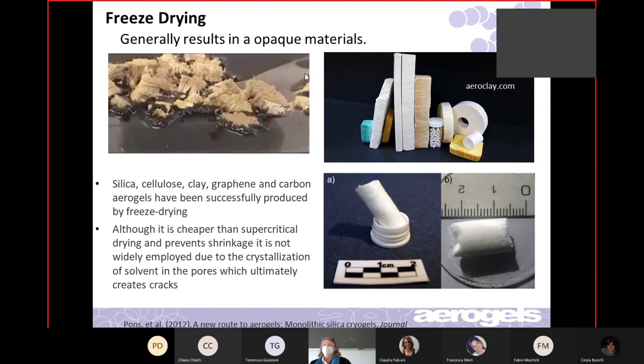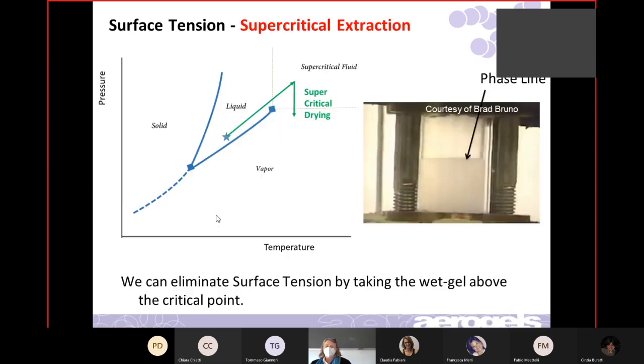Okay, so the method that was used originally: aerogels were invented in the 1930s because somebody supercritically dried a wet gel and found an aerogel.